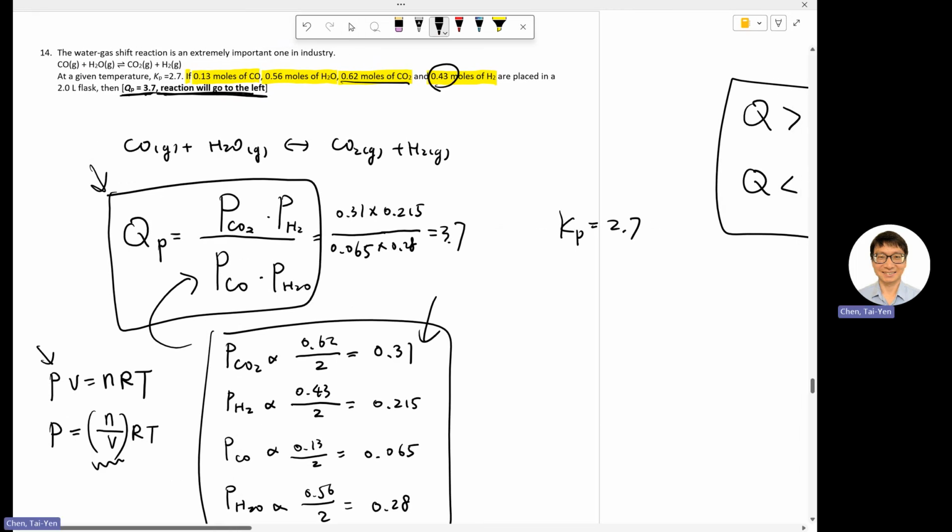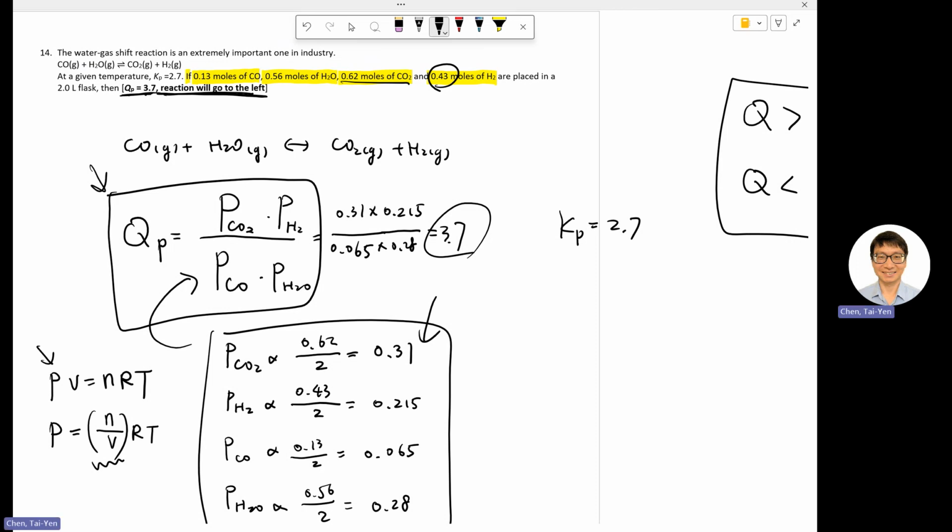You can compute your P in terms of n over V. Once you have that, you can compute your QP, then compare it to your KP, then predict which direction the reaction will move. That is the overall conceptual flow for this type of question.